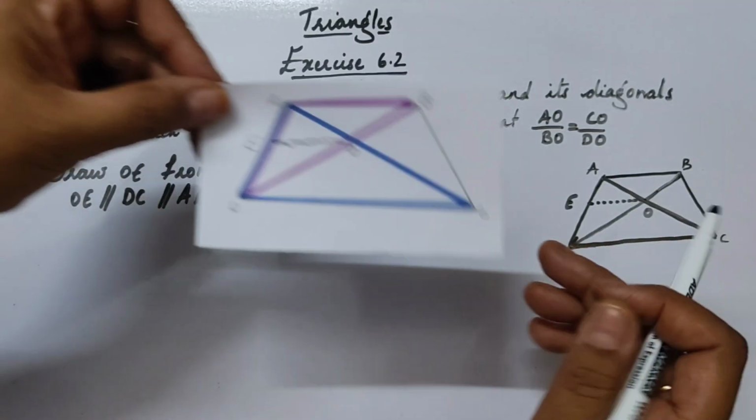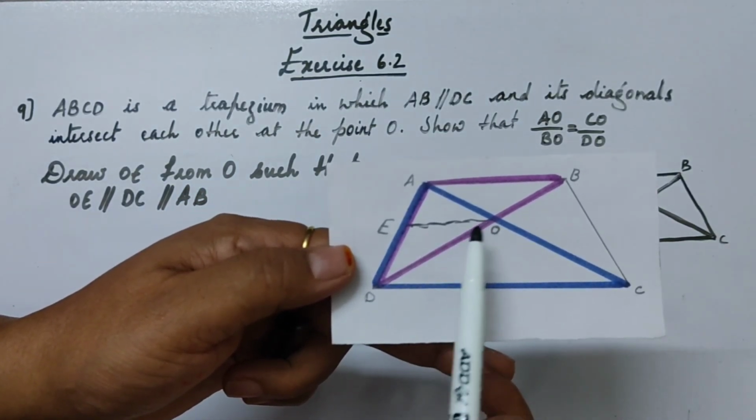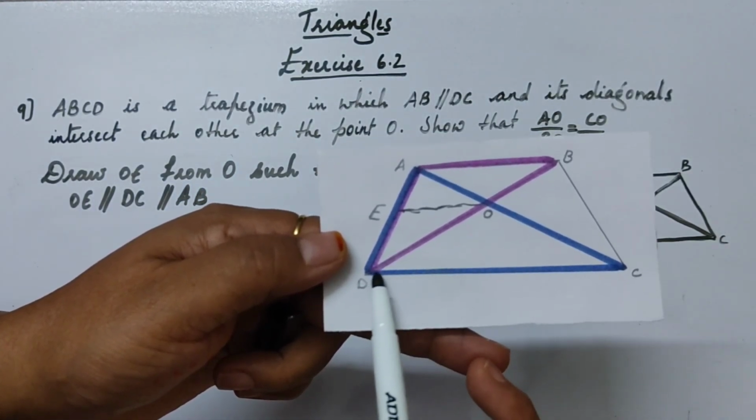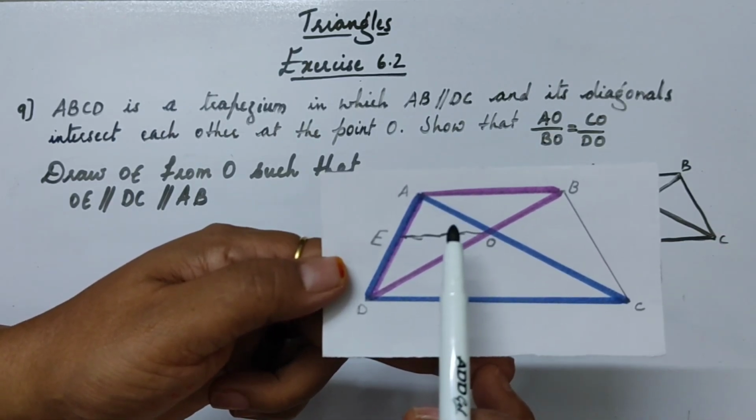Now as you can see, I've colored this. OE is parallel to CD. That means this is the base of the triangle. I'm going to apply the Thales theorem.